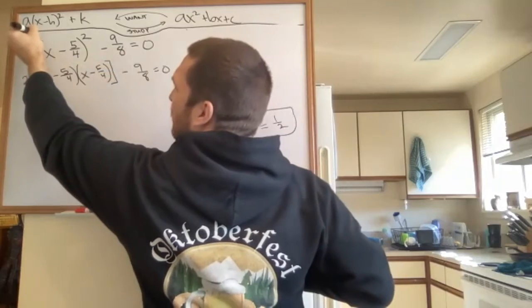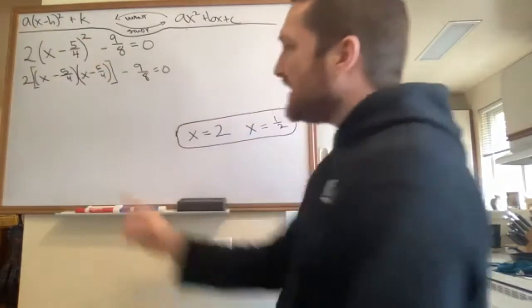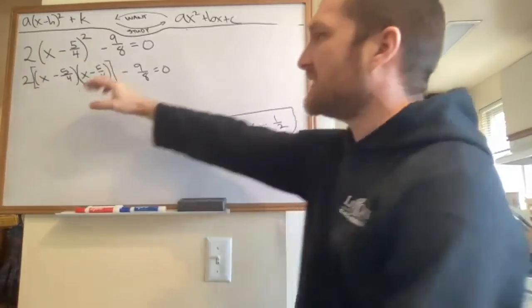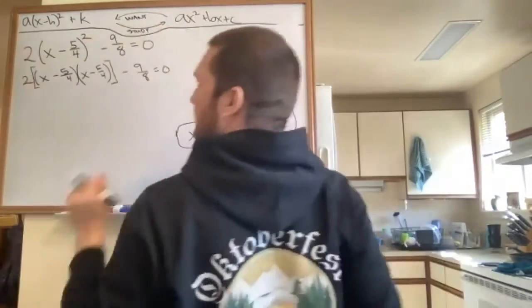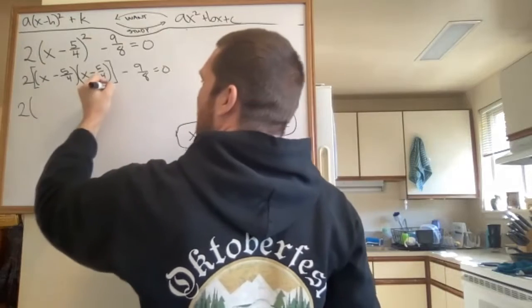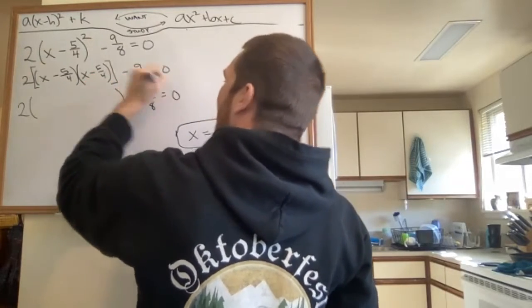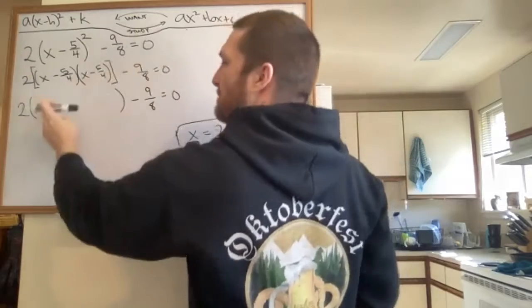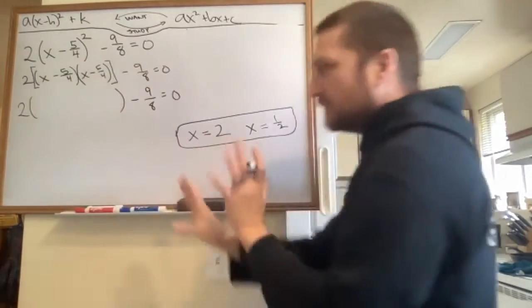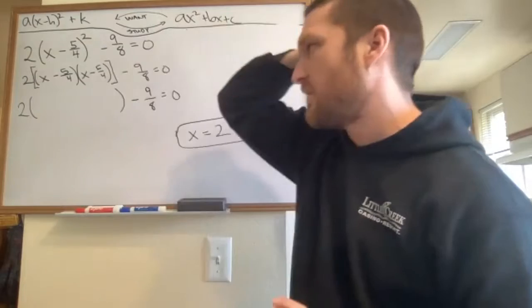In fact, we could have written that right there at the beginning. It's 2 times whatever you get after you've done this. So this is kind of in parentheses in and of itself. So this is going to be 2 times something I get when I go first, outer, inner, last. And I don't want to miss anything out, right? So this is really important that we keep those parentheses right there.